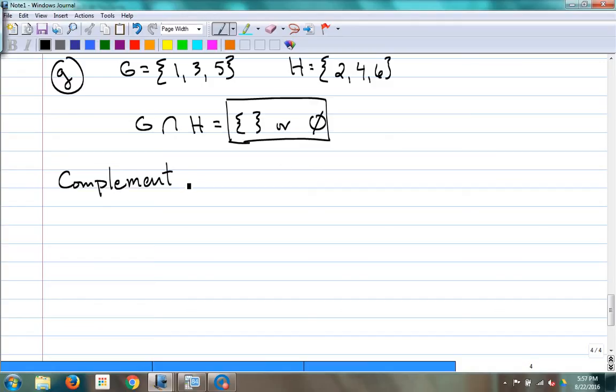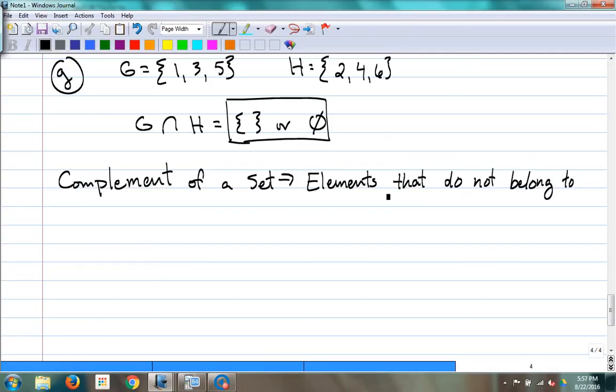The complement of a set is the elements that do not belong to a set, normally from a universal or larger set.